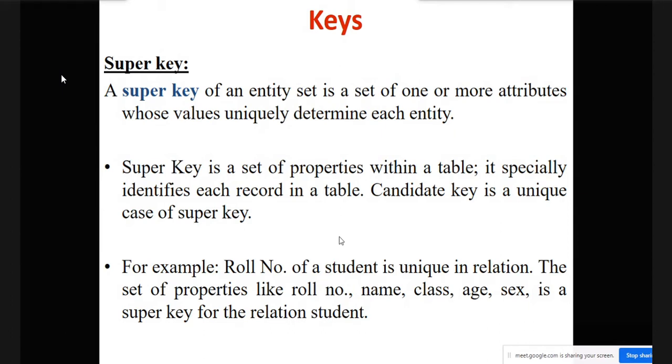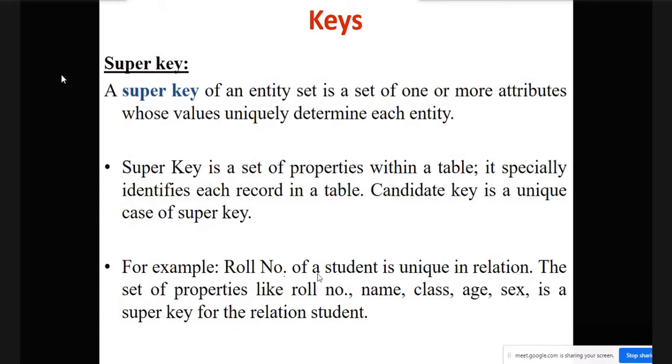The set of properties, all properties such as your roll number, name, address, age, everything together, is known as a super key for the relation student. Usually this concept is very interesting to teach with a board, but now I don't have any option for that. So basically the collection of properties together is known as a super key. Clear with this? Super key.